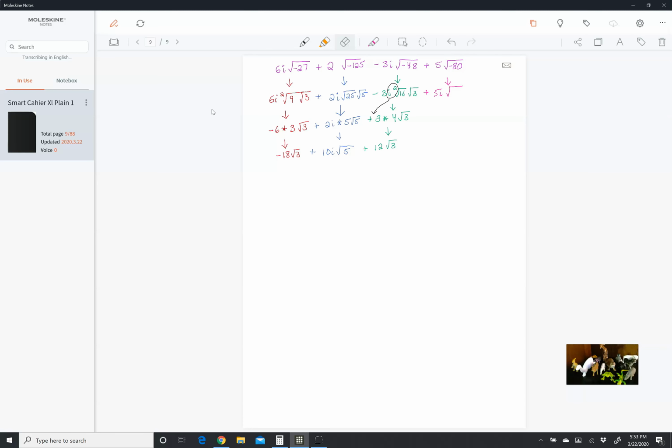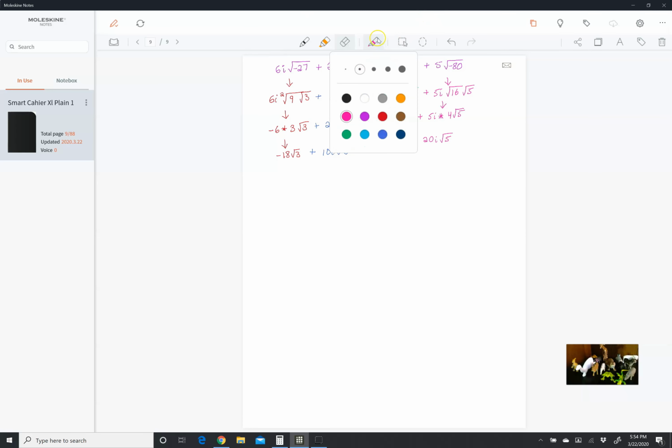And this is square root of 16 times the square root of 5. And if we bring this down, square root of 16 is a perfect square. So we have 5i times 4 root 5. And finally, that 5 times 4 is 20. So we have 20i times the square root of 5.